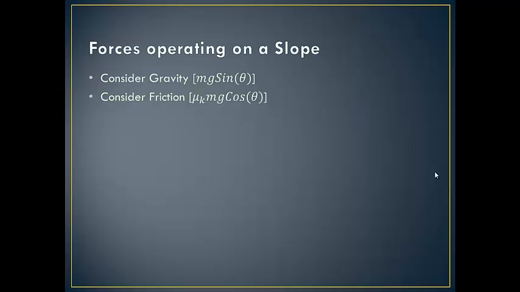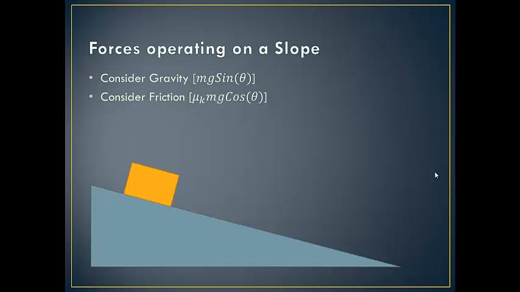Okay, in order to understand this properly, let's look at it using this diagram. There's an orange box which is moving down a ramp. This orange box has a force of gravity acting on it. This vector is called h. Now, vector h can be resolved into two vectors.